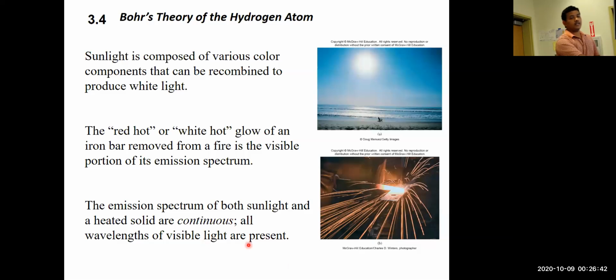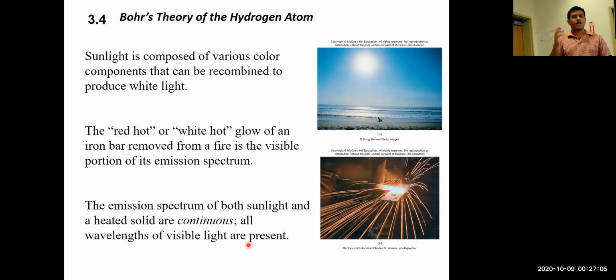So what we are saying here is that the emission spectrum of both sunlight and heated solid are continuous. I would be a little bit more cautious in saying that, as we just said in previous parts, energy is not continuous. So let's say it is almost continuous. We are using the word continuous cautiously, because it is still releasing in the form of quanta of energy.